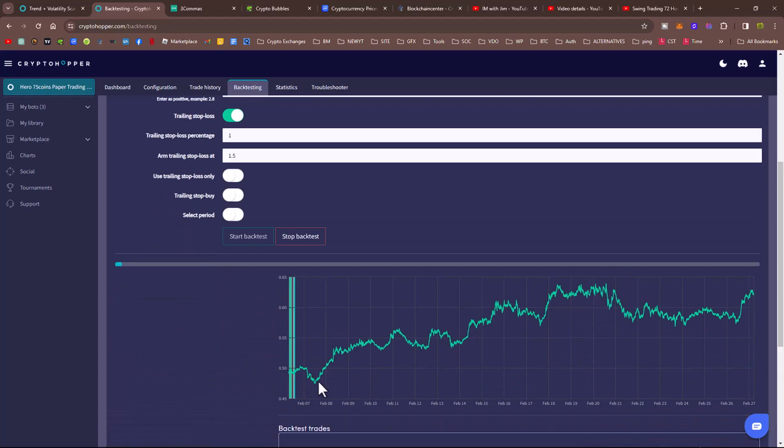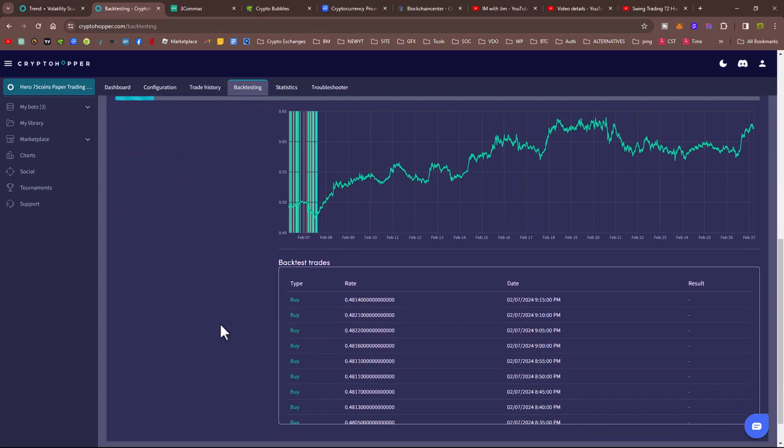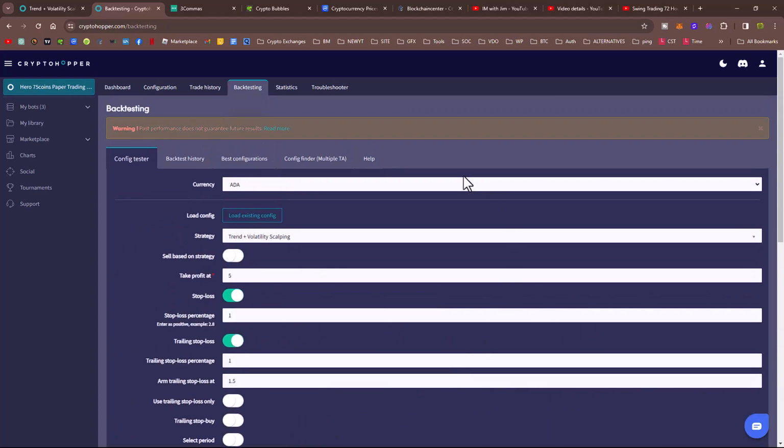Yeah, look at that. More bullish, like I said. Remember January, it was all down, down, down. So this should do a lot better. And this is what I mean about strategies, guys. Some strategies will do awesome in a bull market, and any strategy will do really badly in a bear market.